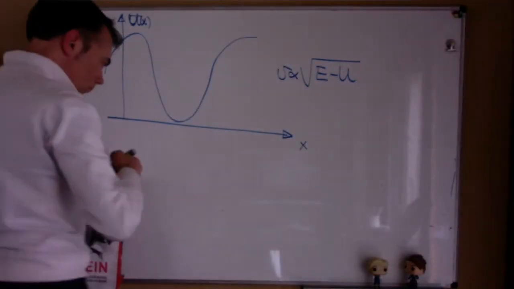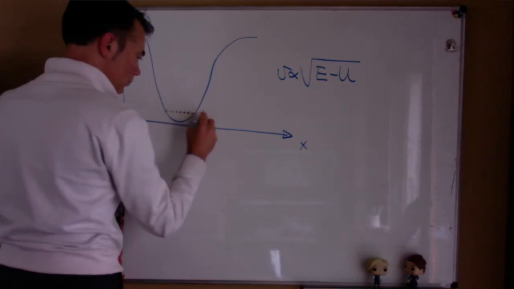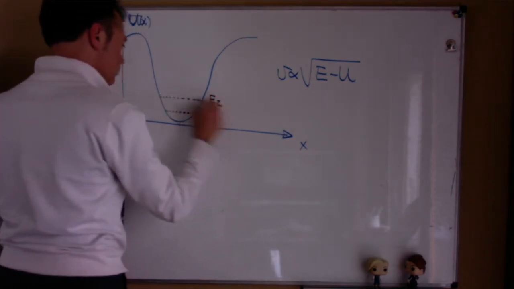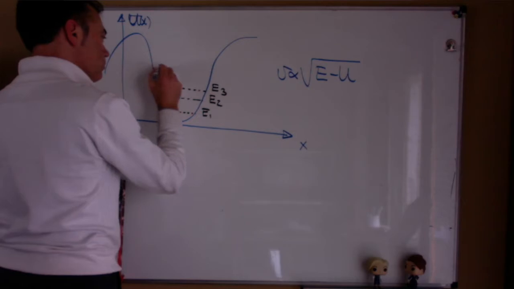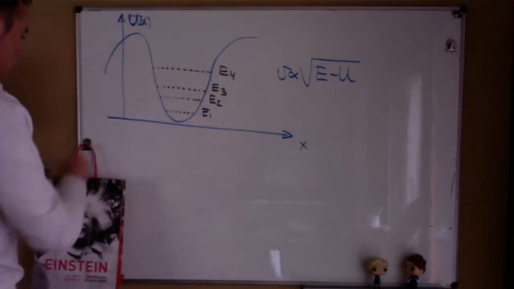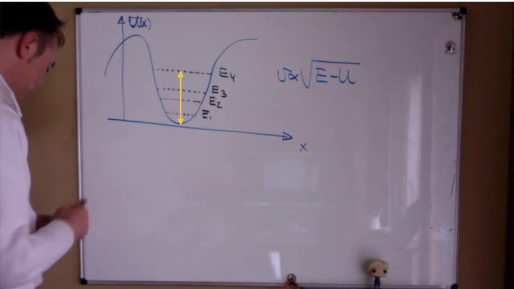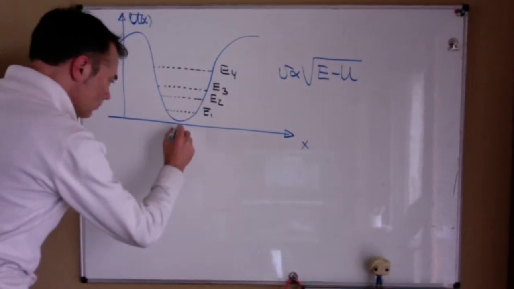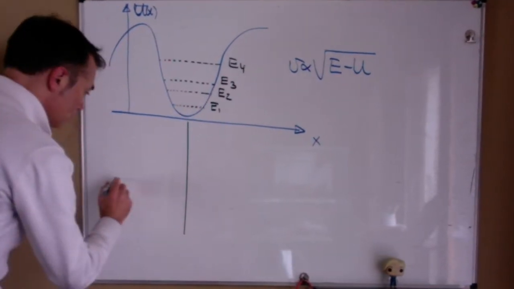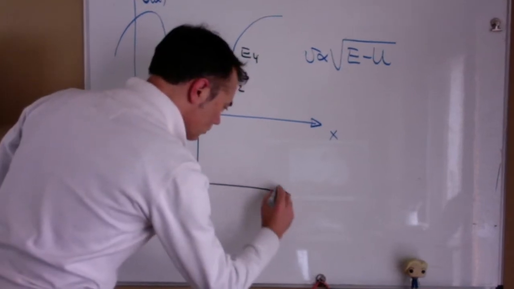If we draw a horizontal line representing the total energy of a particular system, we know that the distance from this horizontal line to the potential energy is equal to the kinetic energy. So this gap is proportional to the velocity squared. And from this we can draw the lines of the trajectory of the system in phase space.